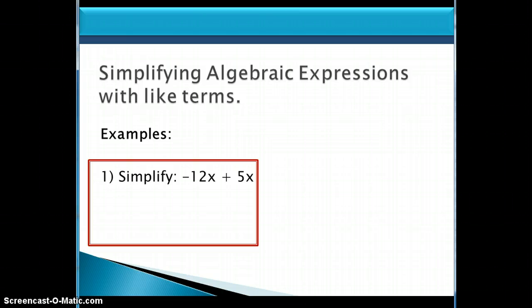And then you'll just place an x on that result to get your final answer. So we take -12 plus 5, those are the coefficients added together. So notice that those have opposite signs. So we find the difference between 12 and 5, which is 7. And then since -12 is the bigger absolute value, it will become a -7. So we end up with -7x.